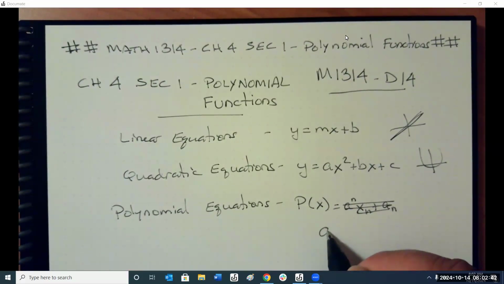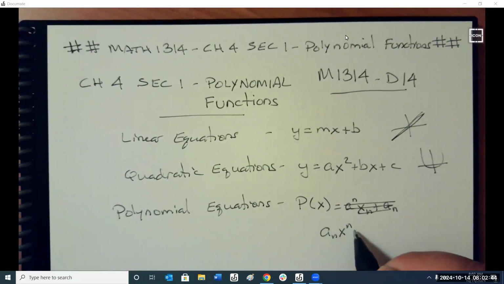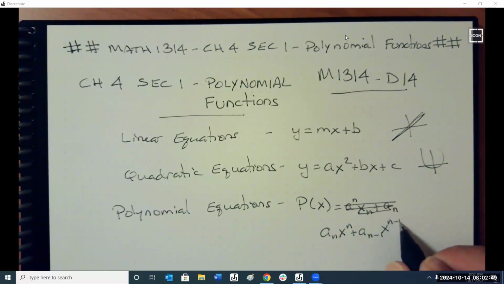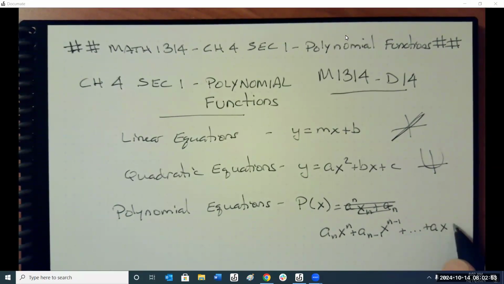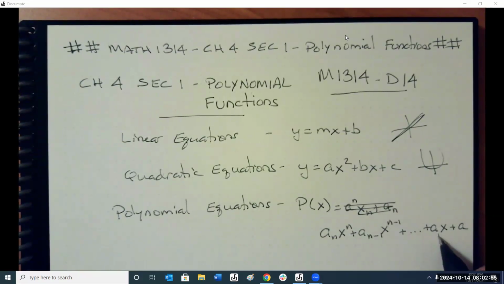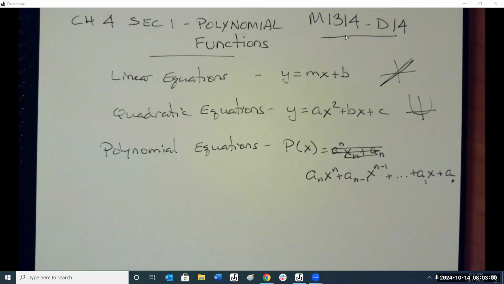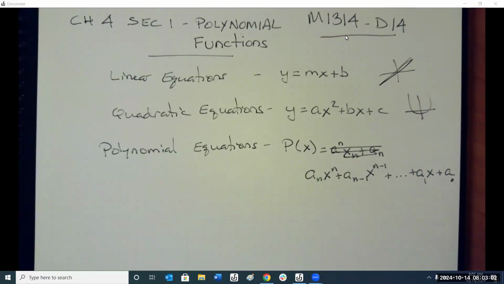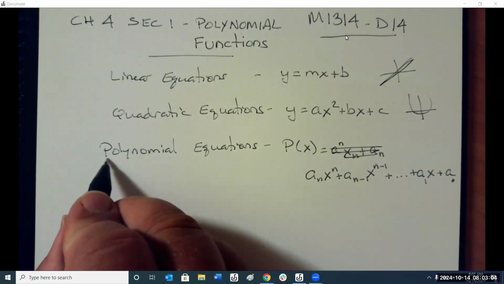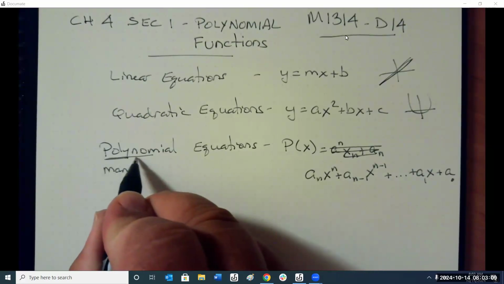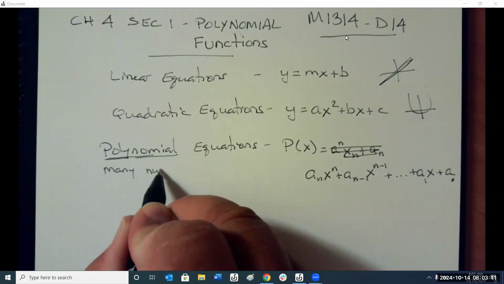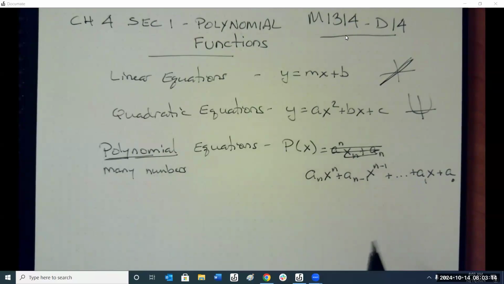It should be a sub n x to the power n, a sub n minus 1 x to the n minus 1, dot dot dot, a sub 1 x, a sub 0. That's a polynomial function. Polynomial simply means, poly means many, nomials means numbers. Many numbers.